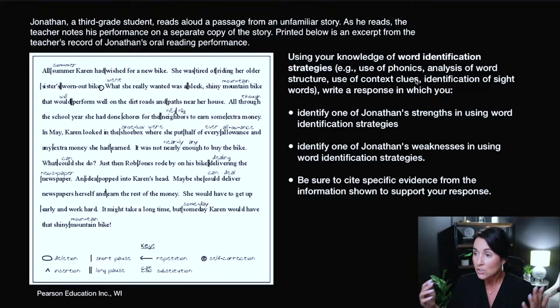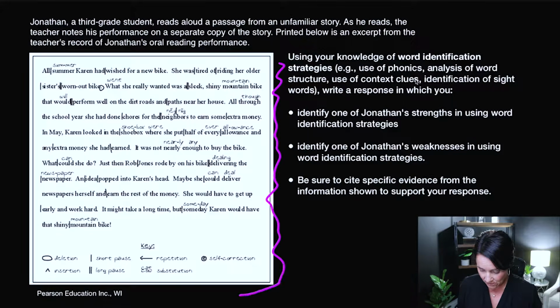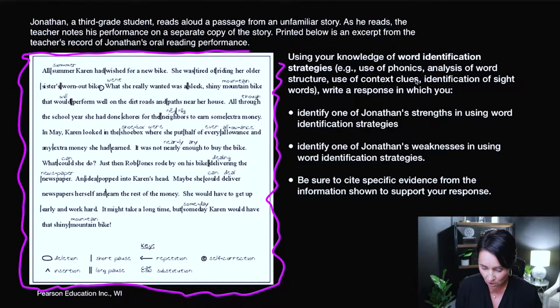All right. So when we take a look at our constructed response, we can see this whole section here is what I like to call a running record. That's what we called it when I was a reading teacher. It may also be called a fluency read, but basically it's a piece of text that a student reads out loud to you.